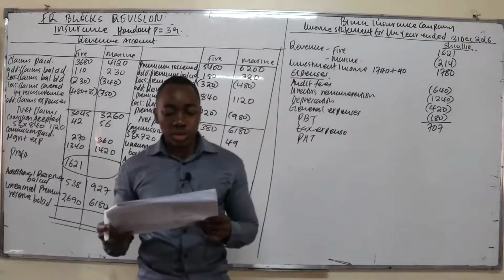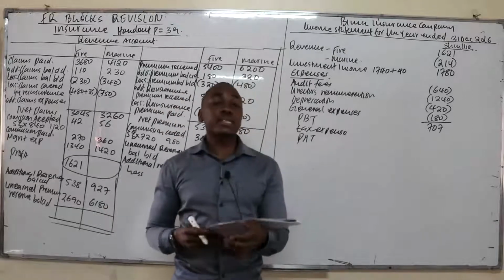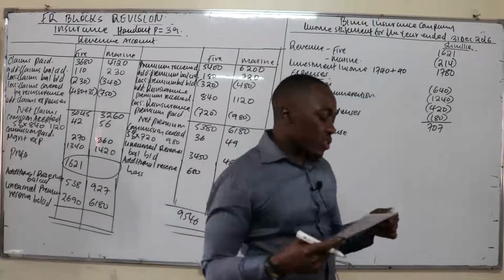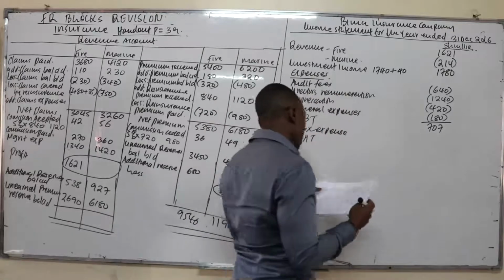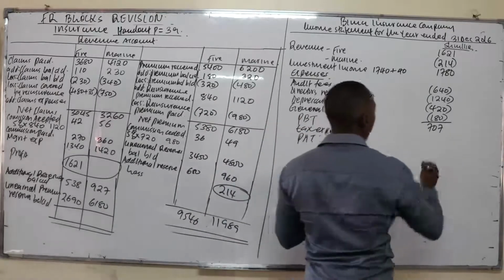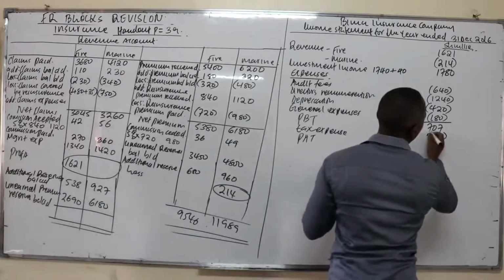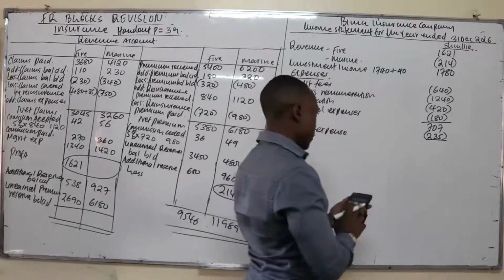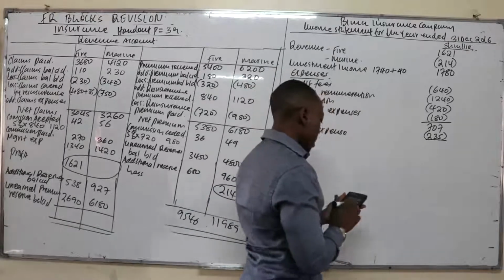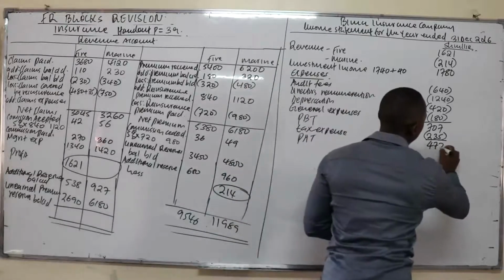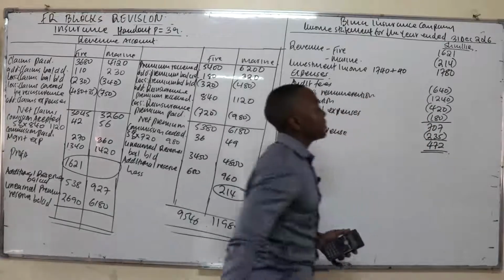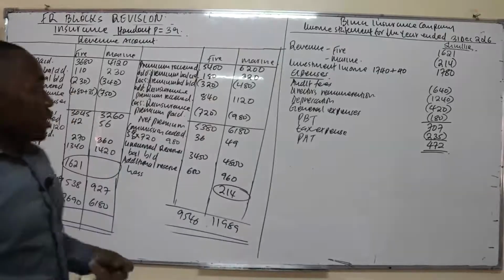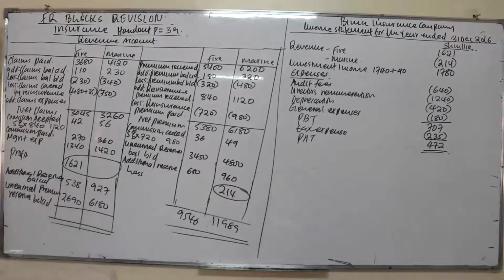Let's go to additional information number 6. We're told that tax on the trading results for the year ended that 1st December 2016 should be provided at 235. So you raise 235, and that's how you get the profit after tax. You get 472. So that's how you're presenting the income statement.